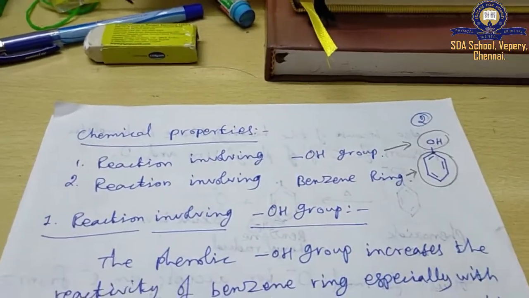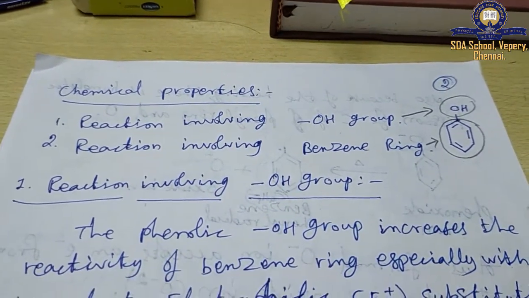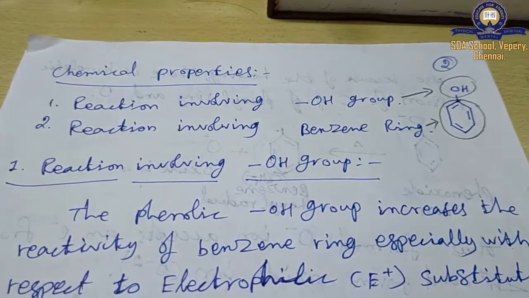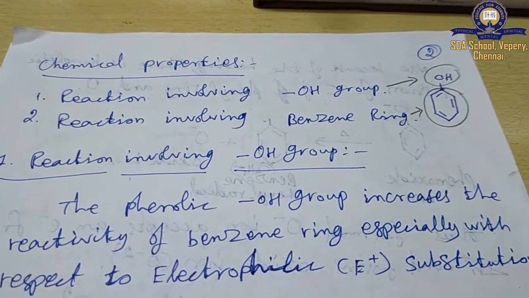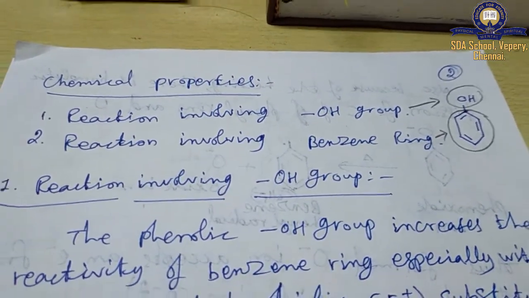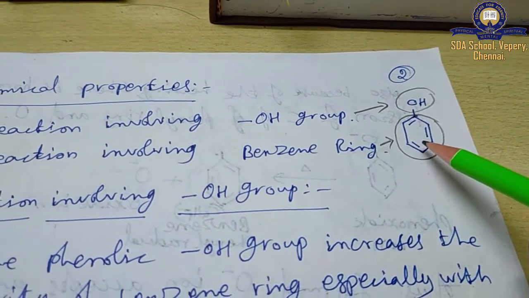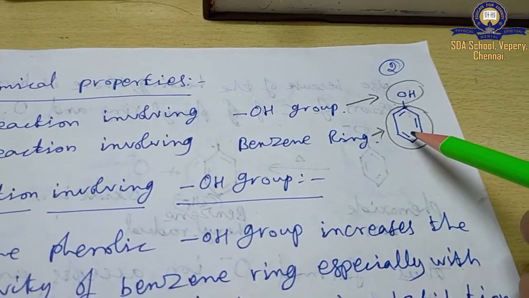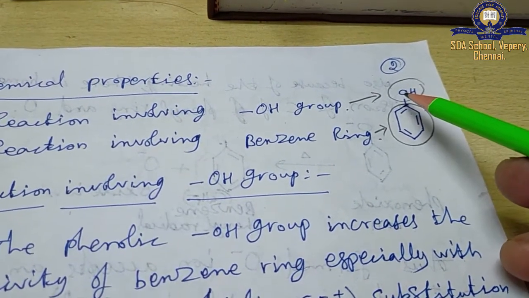And next we move on to the chemical properties. Here, in two subtopics, we are going to discuss the chemical properties of phenol. The first subtopic is reactions involving the hydroxyl group of phenol. That means this is the formula of phenol. The benzene ring is inert, and the hydroxyl group is active in chemical reactions.